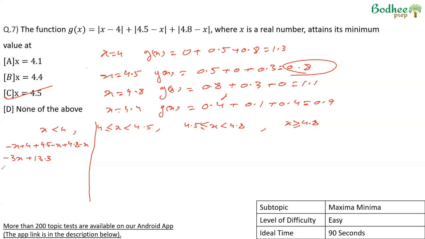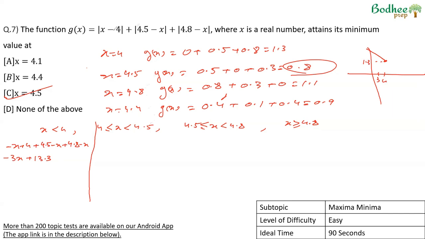So if we look at the graph, it is a decreasing graph. At x is equal to 3, the value will be 4.3. At x is equal to 4, it will be 1.3. So if this is 3, this is 4, the graph is decreasing till this point and will attain a value of 1.3 at x is equal to 4.